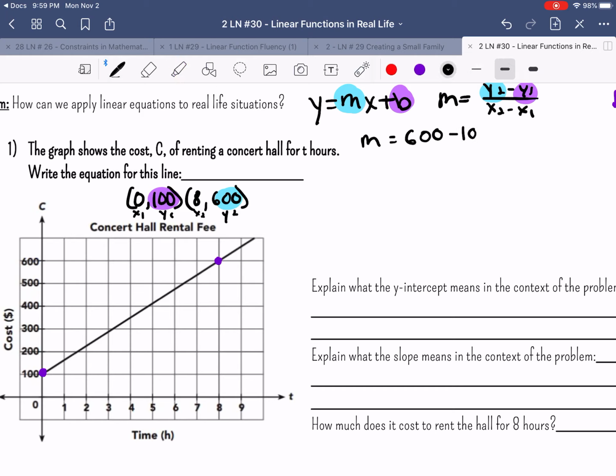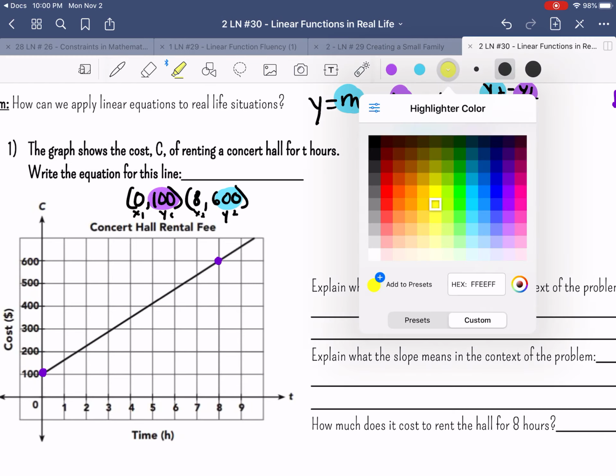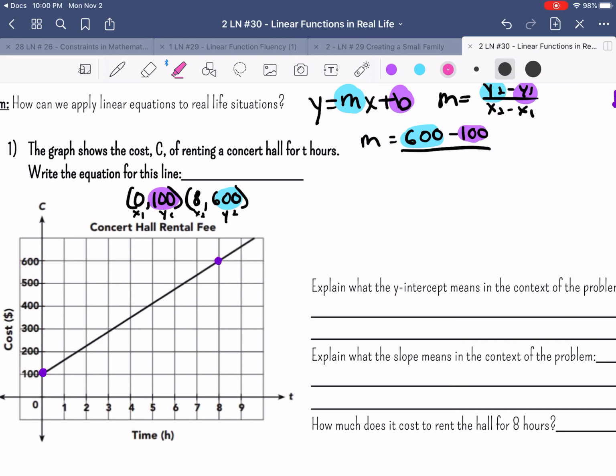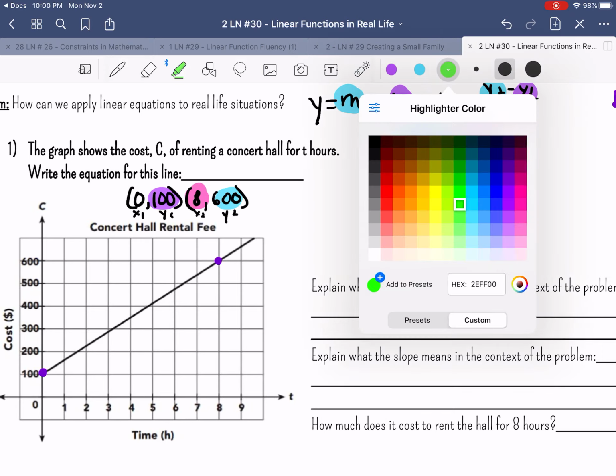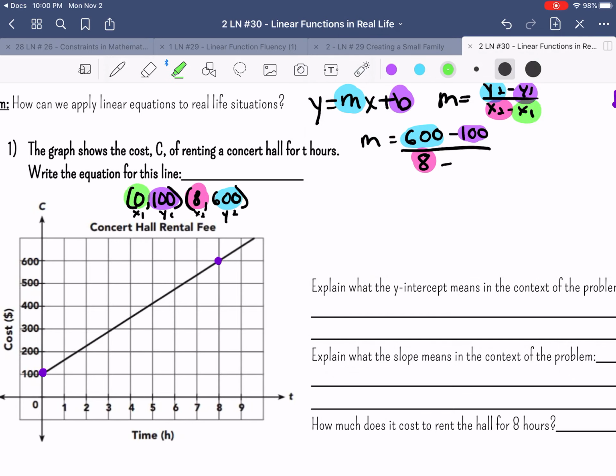So y2 minus y1 over x2 minus x1. So m equals 600 minus 100 is 500, and 8 minus 0 is 8.